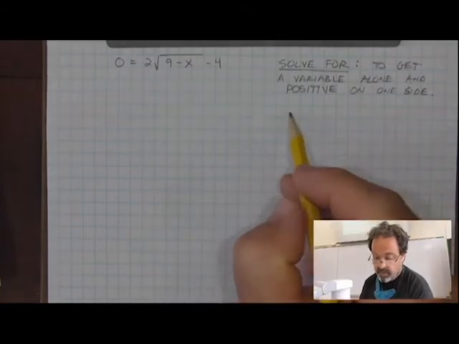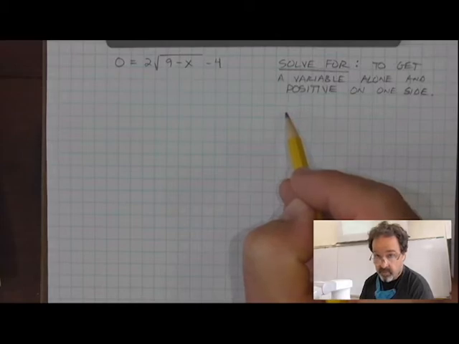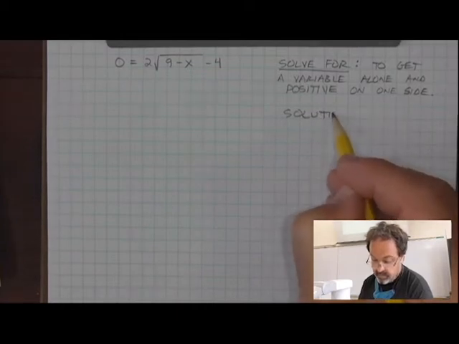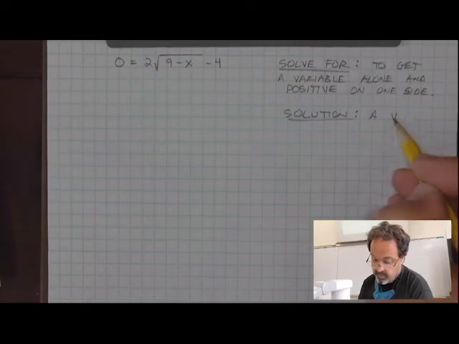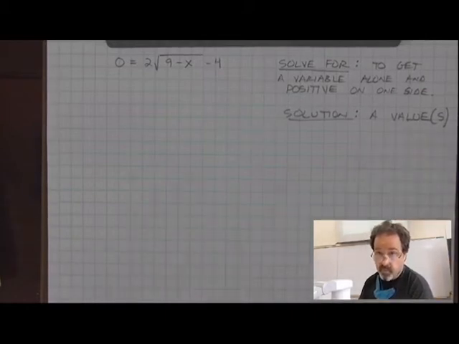When I solve for x, what x will be equal to, if it's a value, is a solution. And a solution, to be precise, is a value or values, because we could be trying to find solutions to systems of equations. That's more than one equation at the same time.